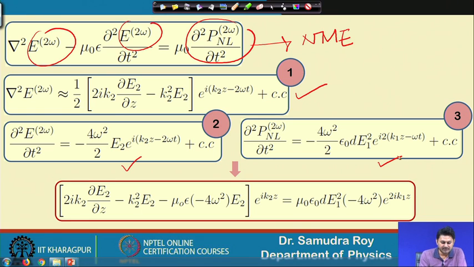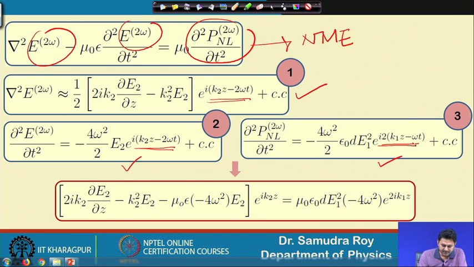So, when we put this term, one thing you should note is that we have a k2 z 2 omega term here, but here we have a 2 k1 2 omega term.